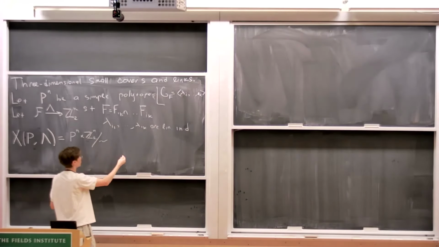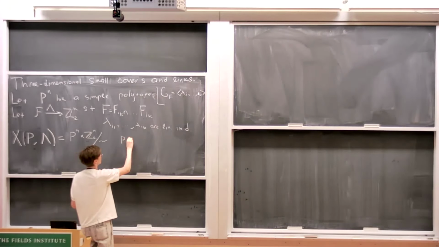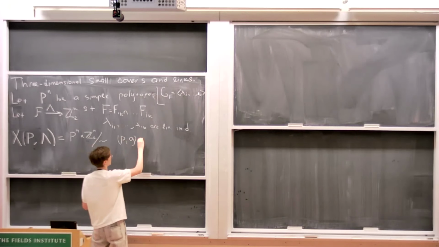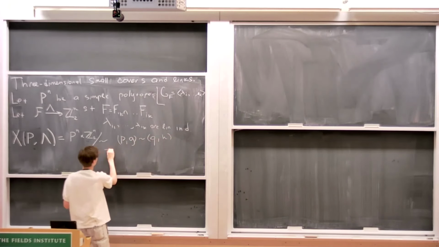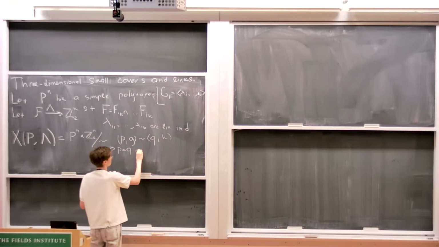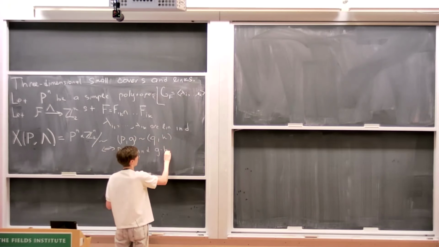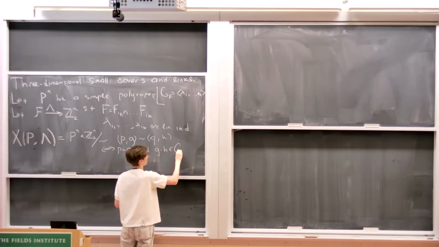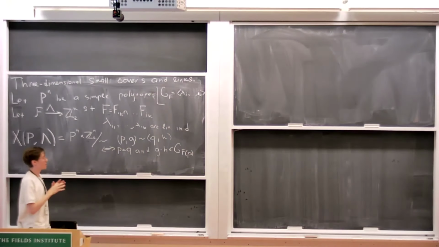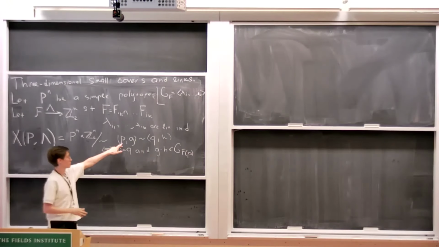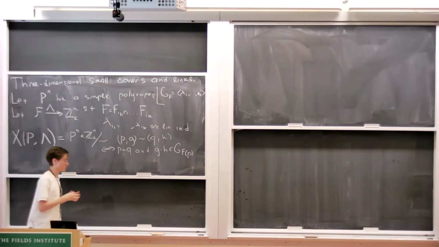The quotient here is the following. (p, g) is equivalent to (q, h) if and only if p equals q and g minus h belongs to the group G_F(p). Here F(p) is the smallest face which contains p in its relative interior.